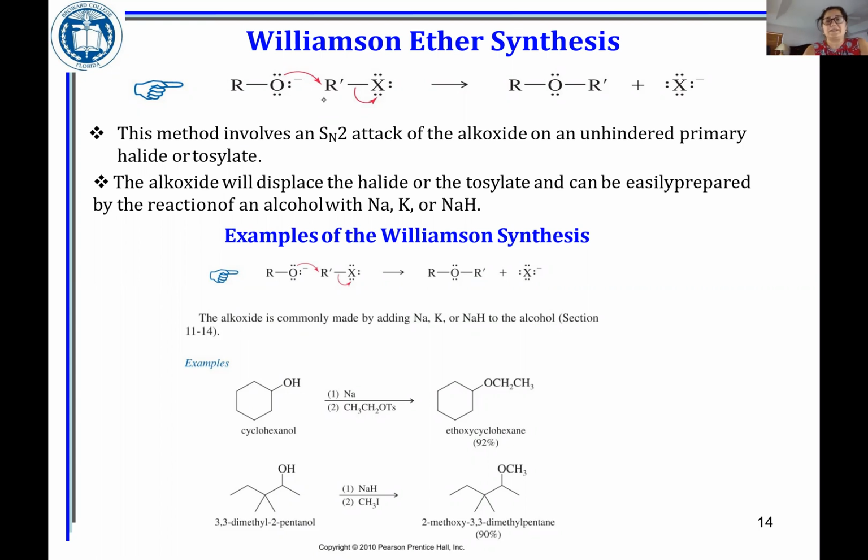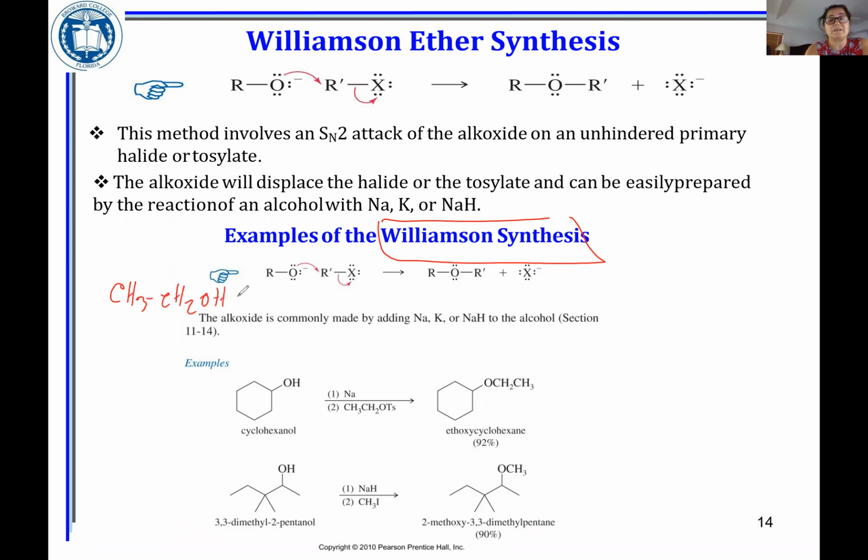Okay, synthesizing ethers. One method to synthesize ethers is the Williamson synthesis of ethers. We talked about this at the end of chapter 11. You start with the alcohol, say the example of CH3CH2OH.